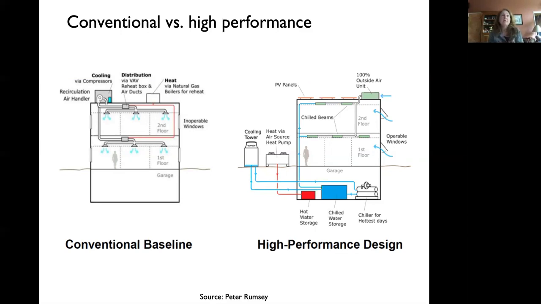You can have the distribution and the supply all separated. So typically, as you're seeing on the right side, high performance buildings are generally not going to be these rooftop units. The functions are going to be separated. It gives you a lot more control about how you're designing different machines for each of these different functions.